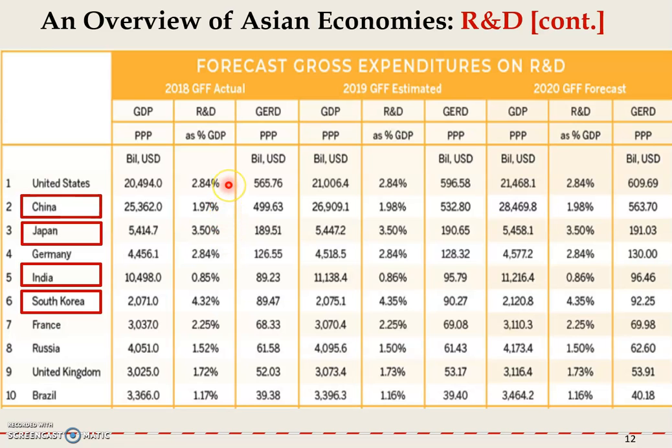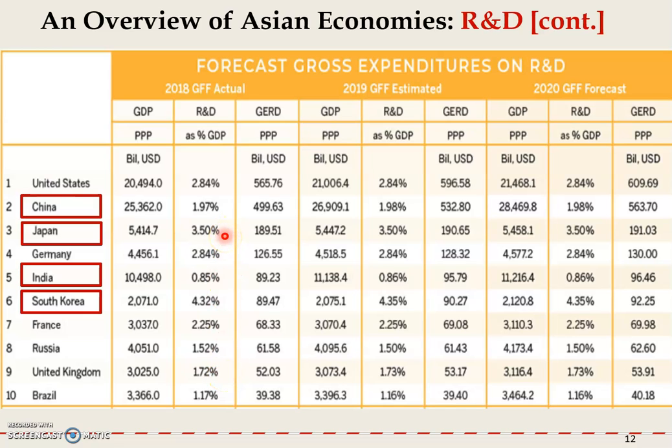As we said, United States, it's 2.84%. Germany, it's the same number, right? France and the UK are 2.25% and 1.72% respectively, right?